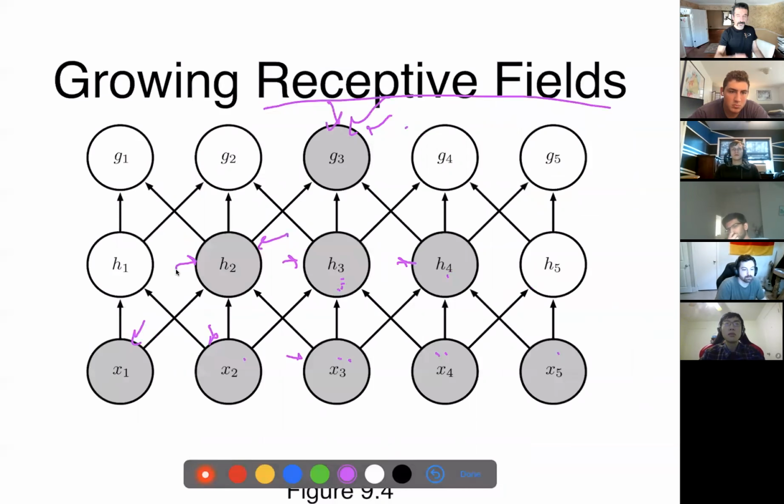Here, maybe you want to learn edges, circles, low level features, and then as you move down the architecture, you learn better, higher level features of your input.